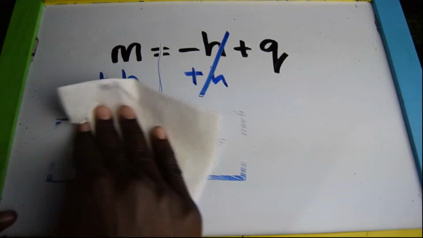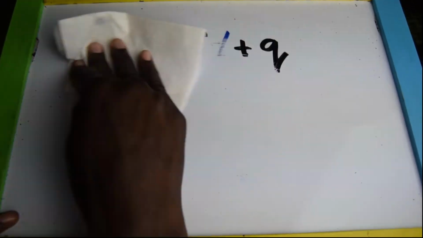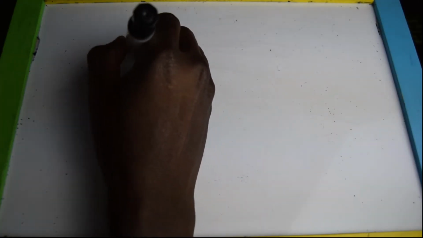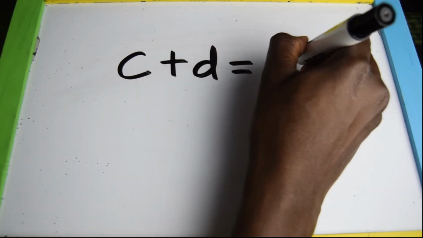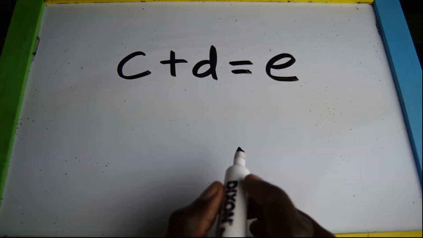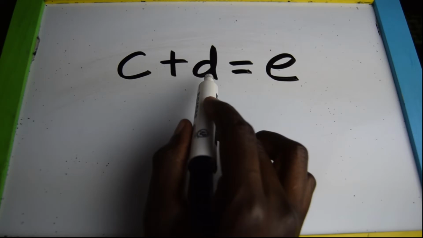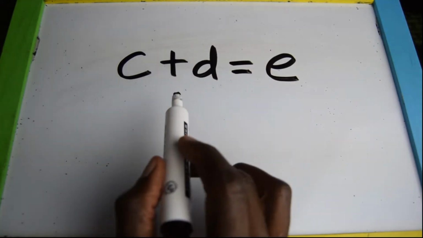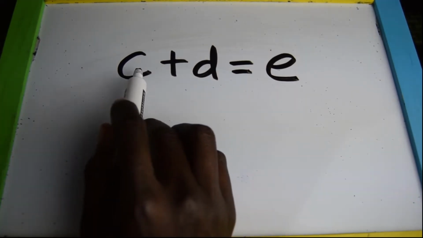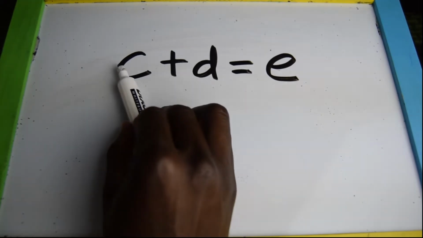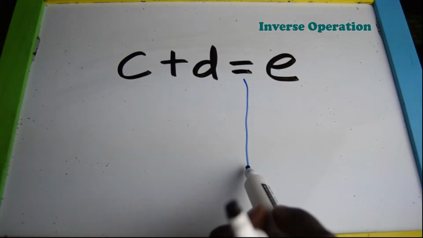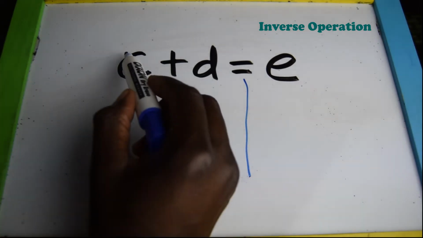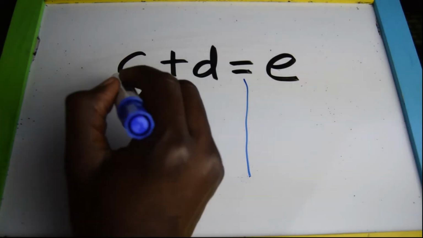Let's try another equation. c plus d equals e, and you're told to solve for d. What do we do? Get a way of getting the c to the other side of the equation. If this is the river right here, this cancels by doing the negative operation.